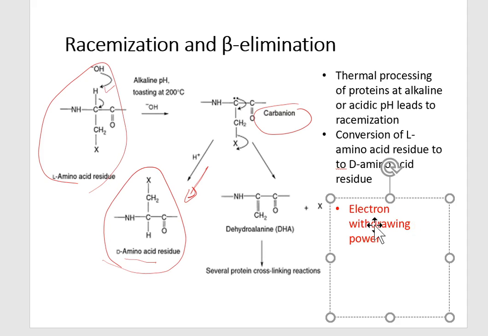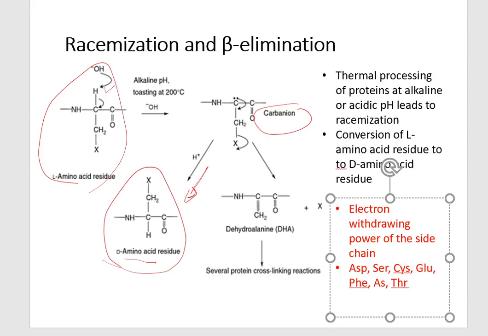So some amino acids such as, right here, I will write the abbreviations: aspartic acid, serine, cysteine, glutamic acid, phenylalanine, and threonine.